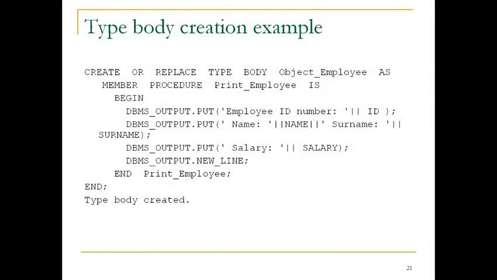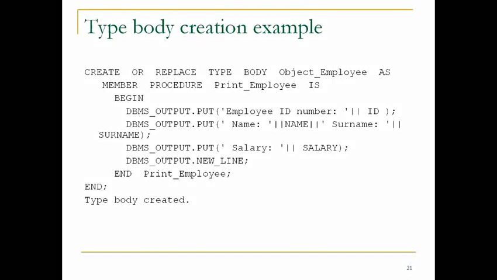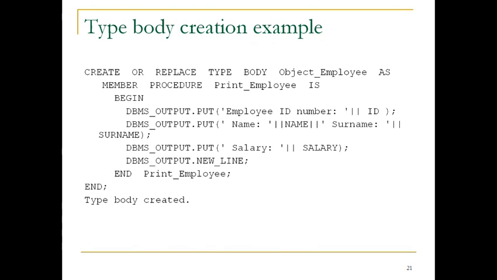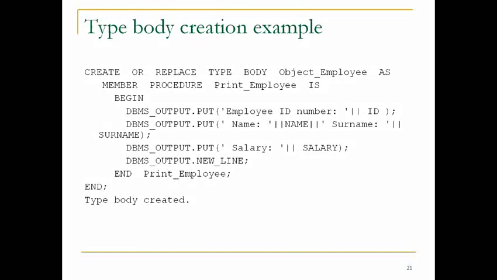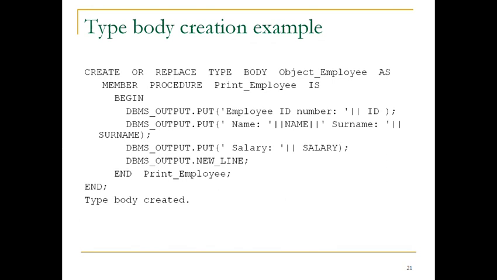We can call this method of one instance, and all attributes of this instance will be available to us as variables by name. We can change them, we can use them as now to put on the screen, and so on. We can put attributes on the screen one by one, then put a new line, and that's what we want to do in this example. I hope it is clear what this procedure does.